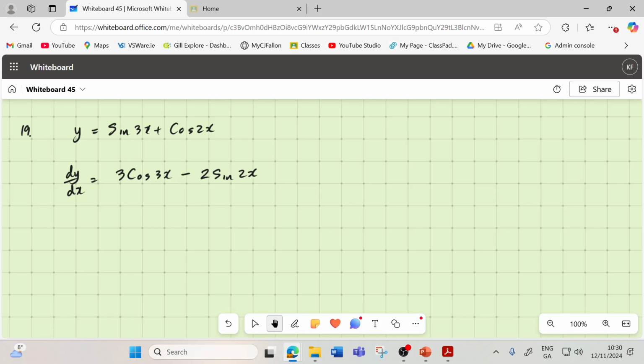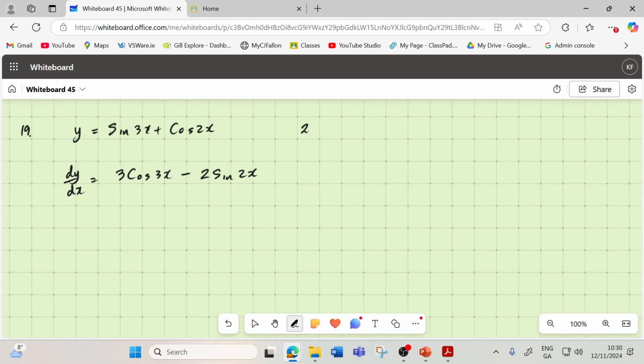Because sin 3x gives cos 3x, and then the derivative of 3x is 3, so we multiply by 3. Cos 2x goes to minus sin 2x, and then multiply by 2, so it's minus 2 sin 2x. So fairly straightforward.